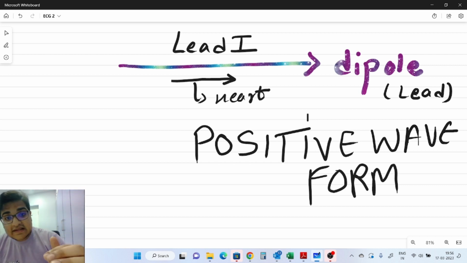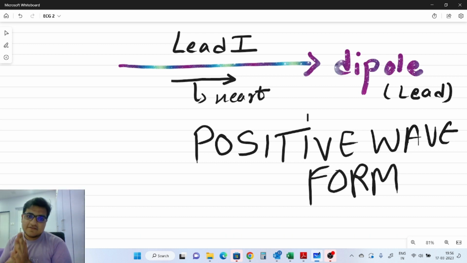That means, suppose the P wave of the heart came, the atrial depolarization wave, we'll be understanding that the P wave denotes atrial depolarization. So if the atrial depolarization dipole comes parallel to the dipole of the lead, you are going to have a positive wave.